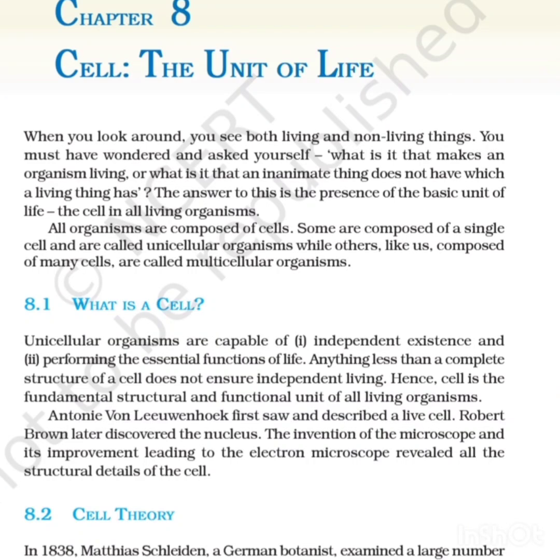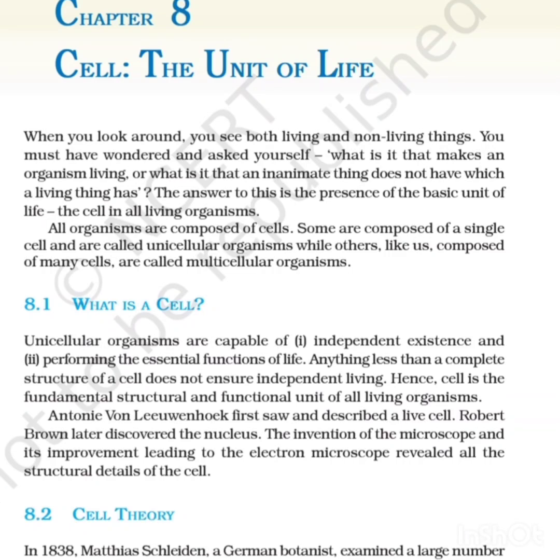The living cell was discovered by Anton van Leeuwenhoek, the first person who observed living cells capable of moving, such as bacteria, protozoans, spermatozoans, and red blood cells, under his own designed microscope. In 1838, Matthias Schleiden, a German botanist, examined a large number of plants and observed that all plants are composed of different kinds of cells which form the tissues of the plant.